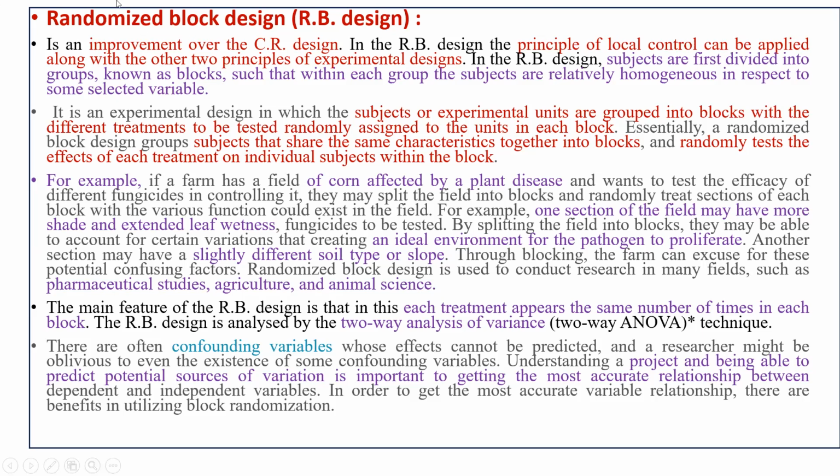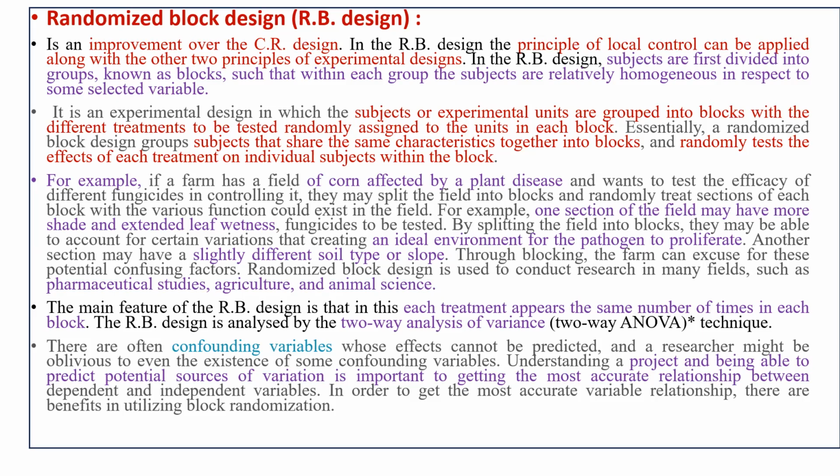In RB design, the subjects are first divided into groups, which you can say blocks, and within those groups, the subjects are relatively homogeneous with respect to some selected variable.